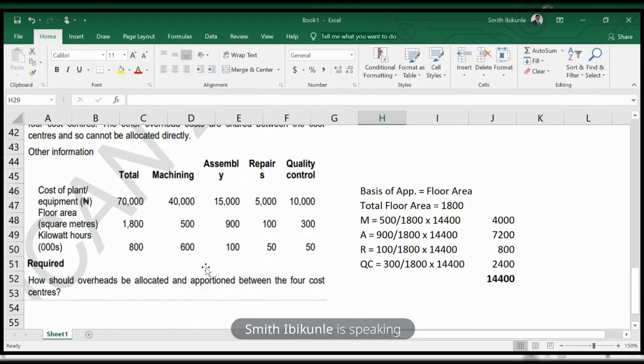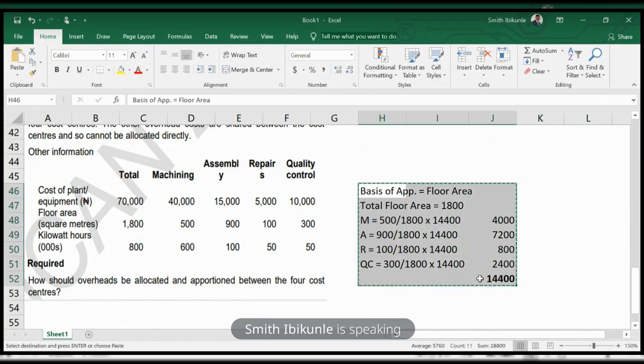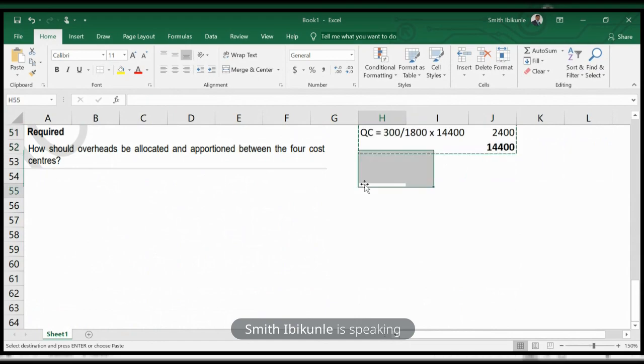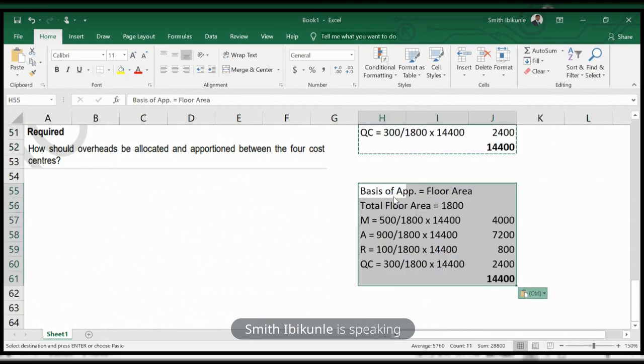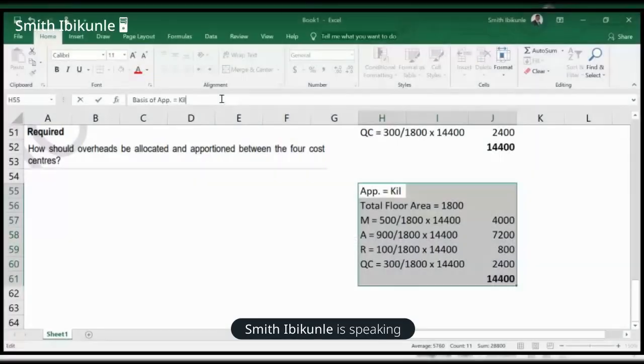So kilowatt hours. Let's quickly share that. Let me just copy and paste this. That's the benefit of using Excel. I'm not using notes. So the basis of apportionment, we are using kilowatt hours.